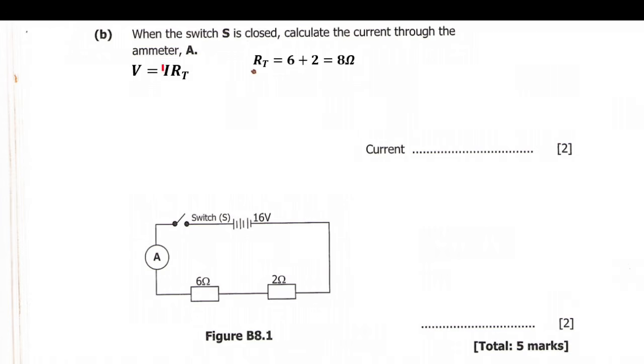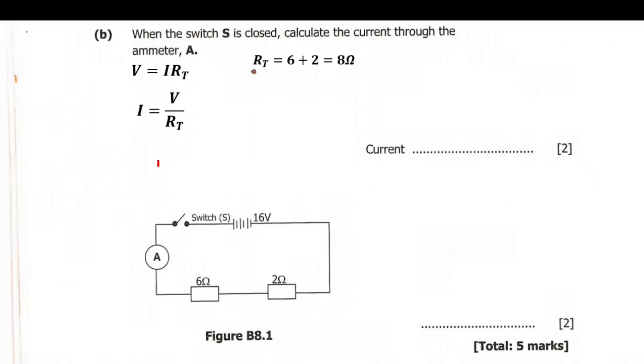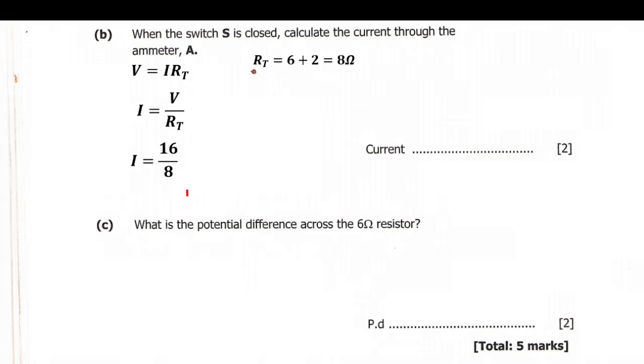Then we'll make current the subject of the formula, where current is equal to voltage divided by total resistance. So we'll substitute V as 16 volts and RT as 8 ohms.